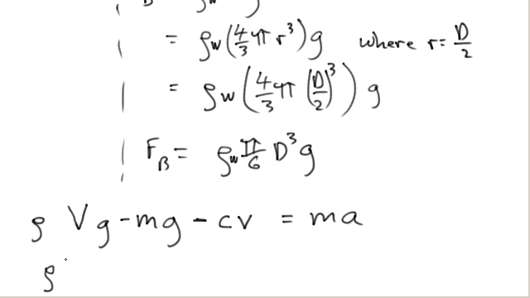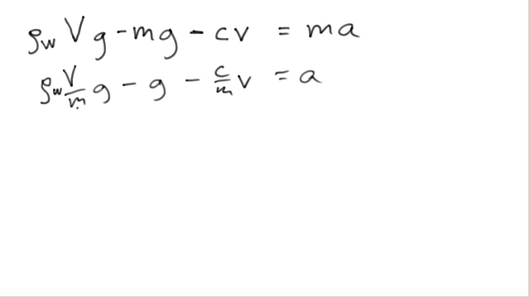This is rho, the density of water. Let's not forget that. Volume of the ball, I'm going to divide both sides by the mass, so that's the volume times the mass times g minus m, well, that's the piece that I'm dividing both sides by, so minus c over m times the velocity, and that's equal to the acceleration. Okay.